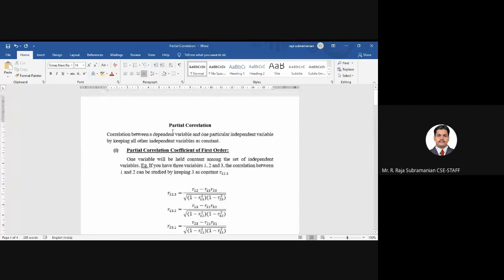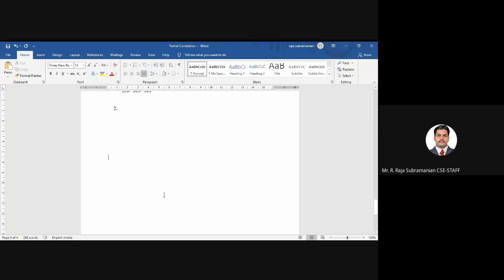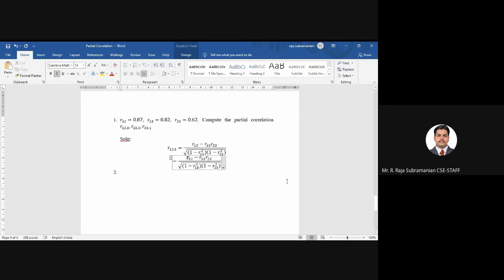This is R12.3. This will be equal to R12, which is 0.87, minus 0.8... Before I complete, if anyone has completed, let me know.